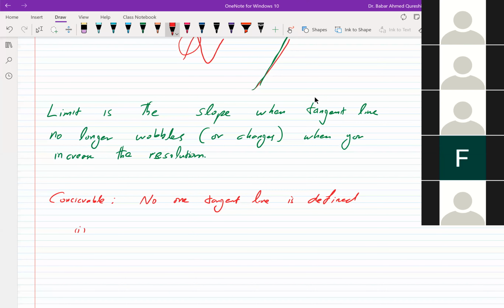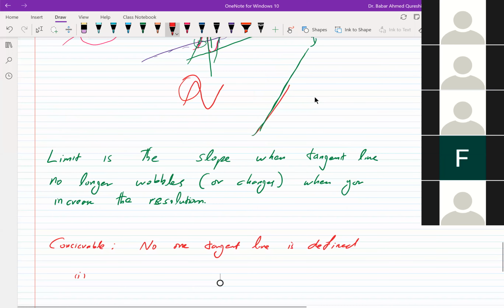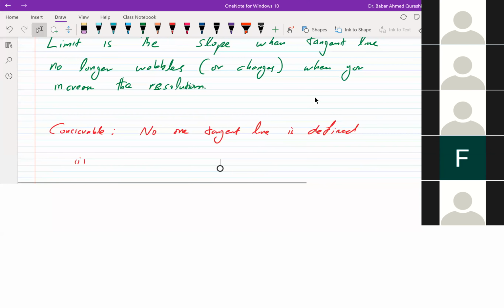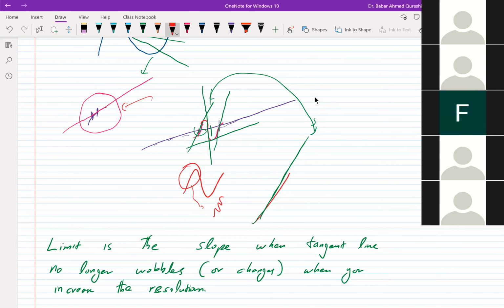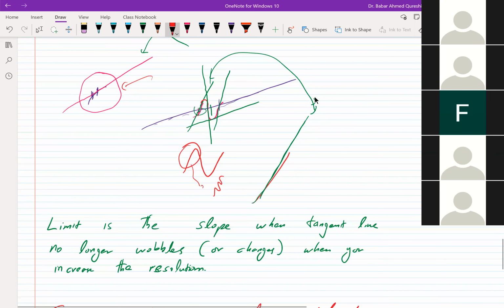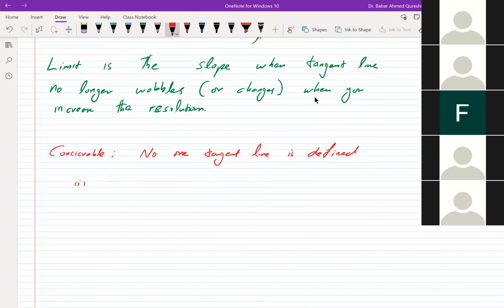For example, as you increased your resolution, you discovered that it looks like this. You zoom in further, and this one again looks like this. So as you keep zooming in, it keeps wobbling. It's a very ugly kind of function. So then you won't have a tangent. It keeps wobbling.